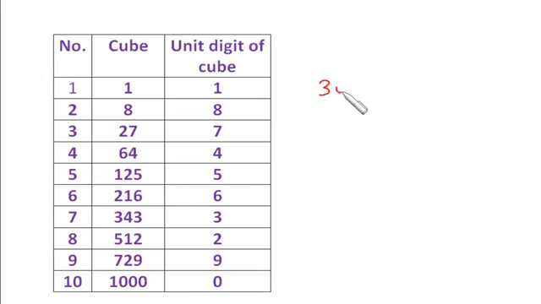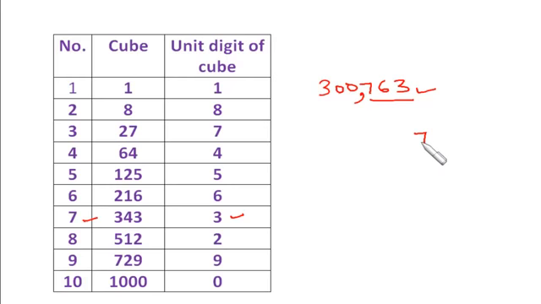Now let's take one more number. It is 300763. I'm making the sets of the numbers. The unit digit of the cube of the number is 3. So here we observe the cube of 7 will end in 3. So the cube root of this number will definitely be 7 at the units place.